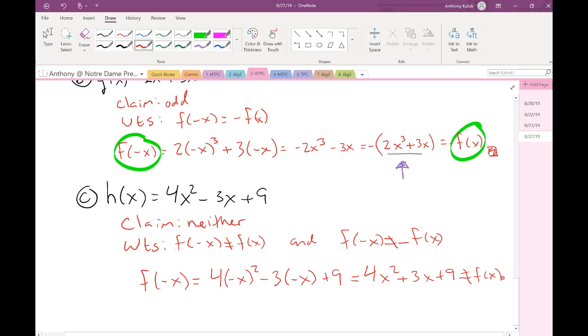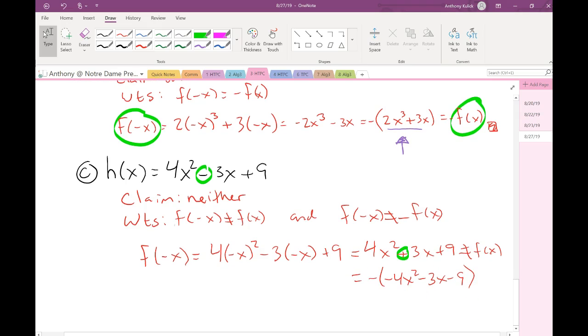What's the difference between this and f of x? Everybody agree with that? Okay. If I factor out a negative, I also notice that this is not negative f of x, is it?